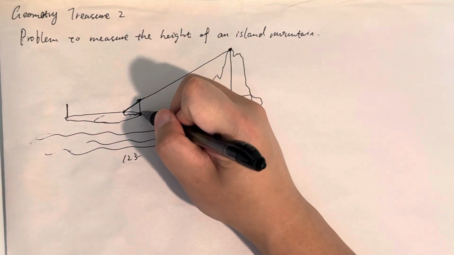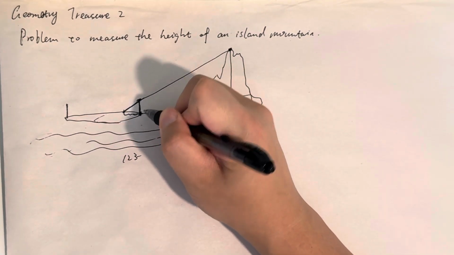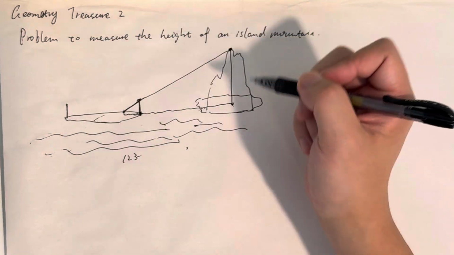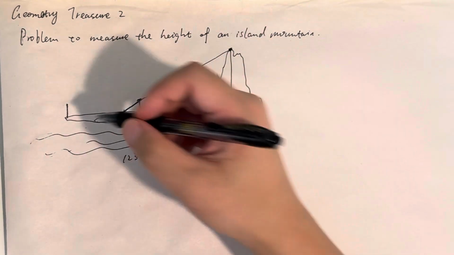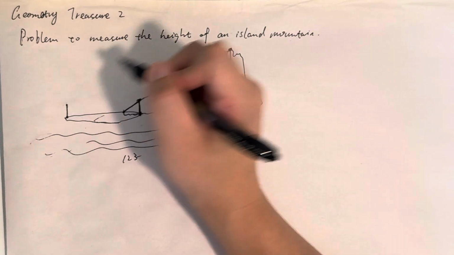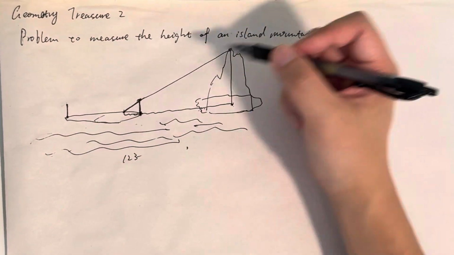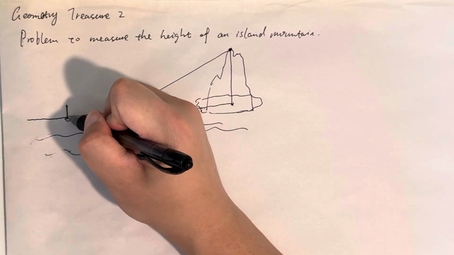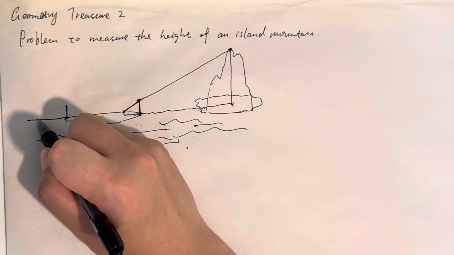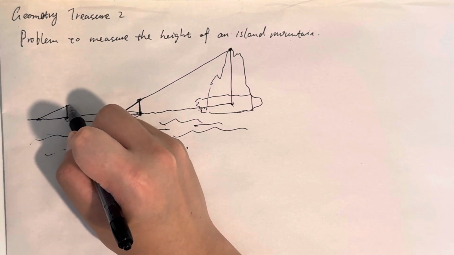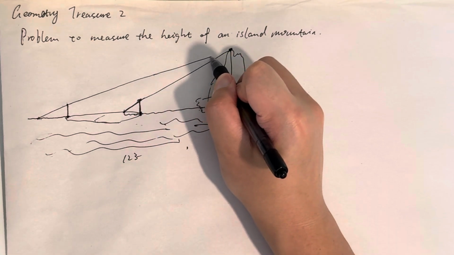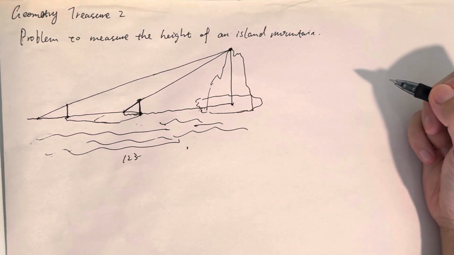No, actually from here. From the position where we put the ruler, we step back 1,000 steps, and then here we have another ruler, and we do the same thing. But this time we need to step back further, until we can see through the tip of the ruler to the top of the mountain.